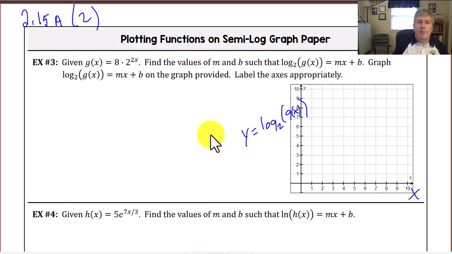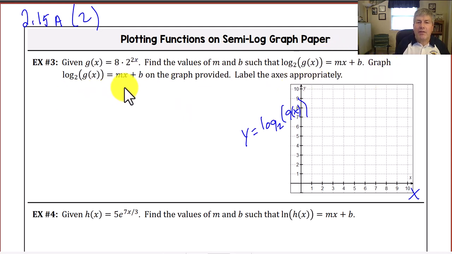So looking at example 3, it's going to be very similar to the example we finished the last video on. We're given a function 8 times 2 to the 2x. So we have an exponential here in base 2. Find the values of m and b such that we have log base 2 of g of x, and we linearize our exponential.